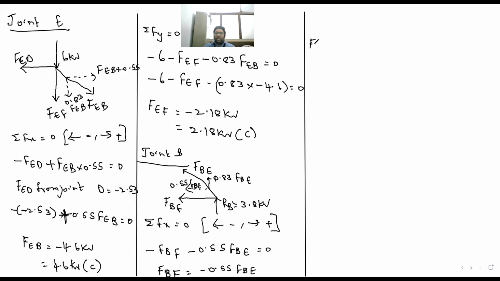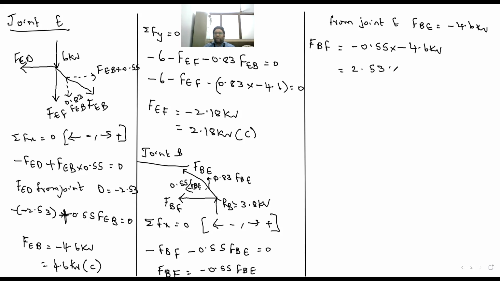So FBF is equal to minus 0.55 into FBE. What is FBE? 4.6 kilonewton compressive. From joint E, FBE is equal to minus 4.6 kilonewton. What is 4.6 into 0.55? 2.53. Tension. 2.53 kilonewton tension.